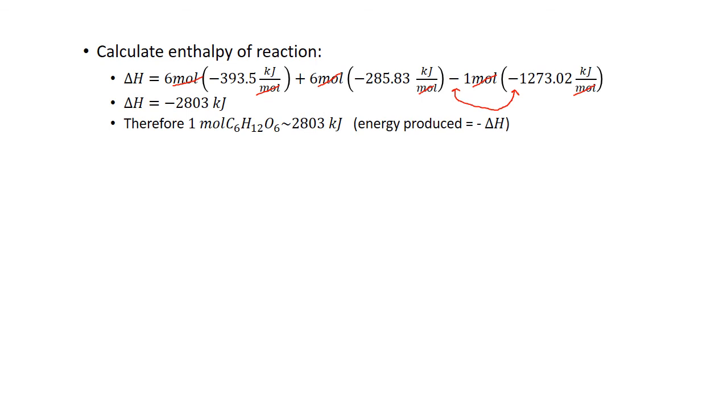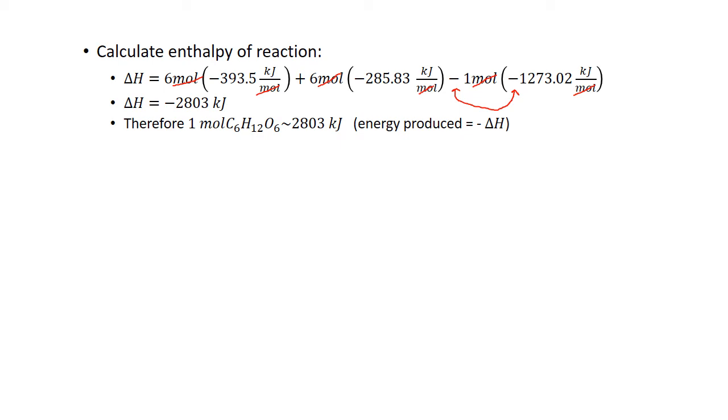The implication of that, since I balanced this equation for 1 mole of glucose, is that 1 mole of glucose can supply 2,803 kilojoules. Students always ask what happens to the sign of this.